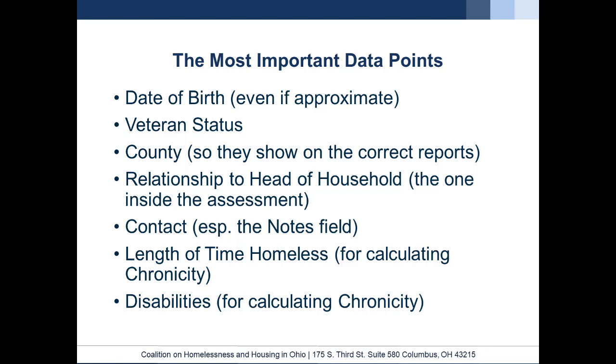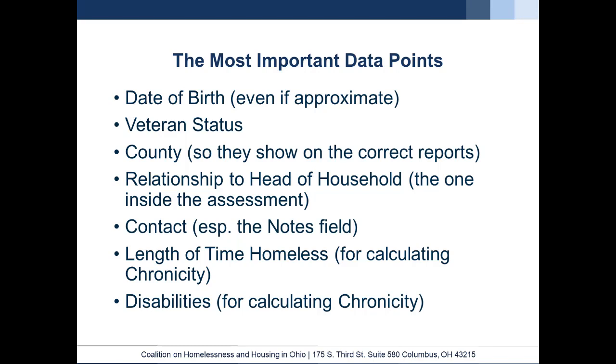And then another very important piece is the contact. And when I'm demoing this, I will show you what I'm talking about. But especially the notes field, because that's going to tell us where the client is. And if you're not putting in where the client can be found again, then it's less likely that person is going to be, even if we do prioritize them, we have to be able to find them again to get them into the housing.